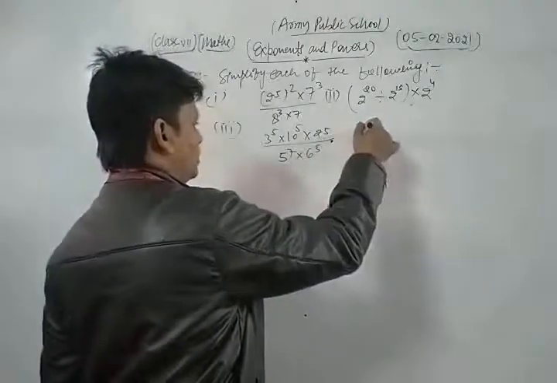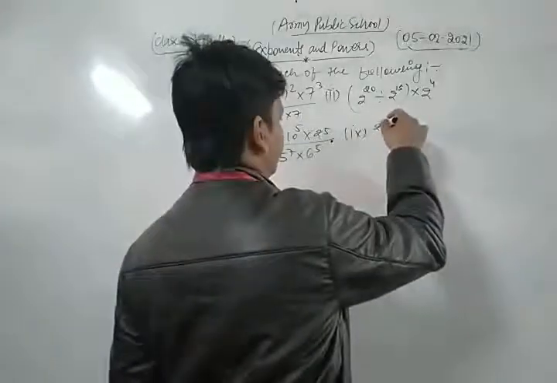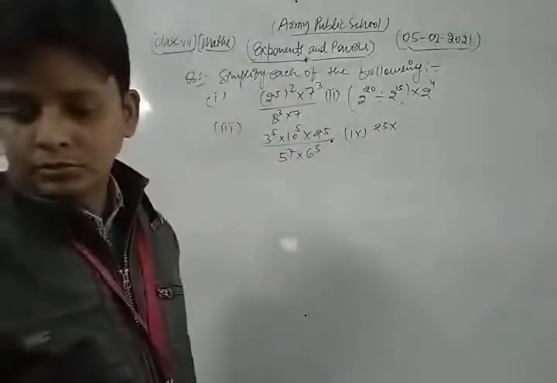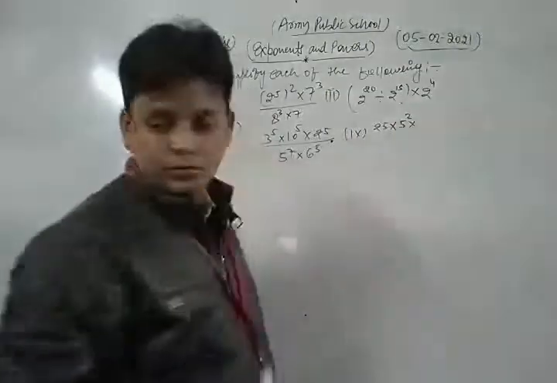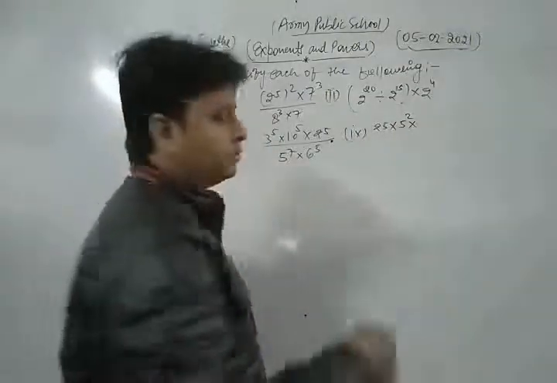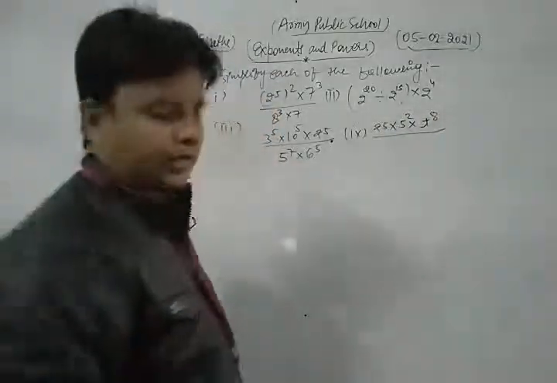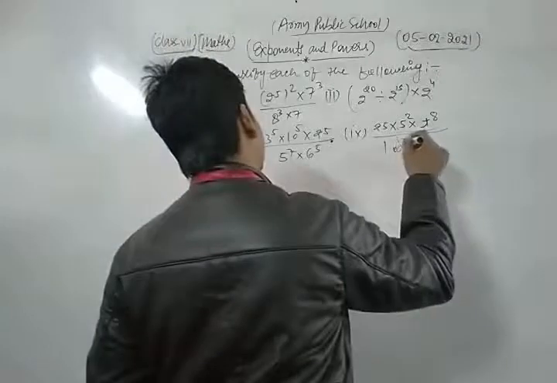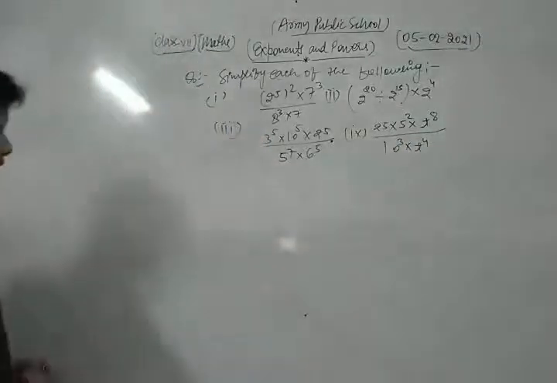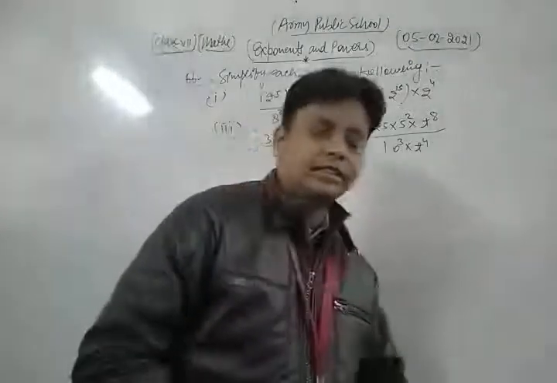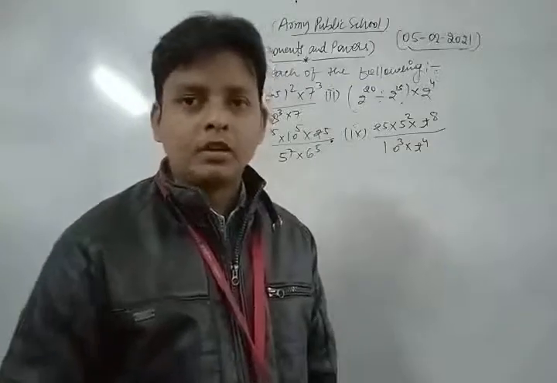And the last part of this question is what? 25 into 5 square into t to the power 8 upon 10 to the power 3 into 10 to the power 4. Okay, now we simplify each of the following and, if possible, write the given values in exponential form.